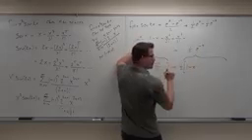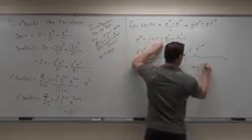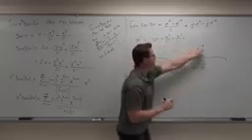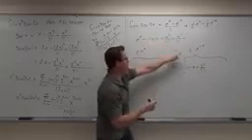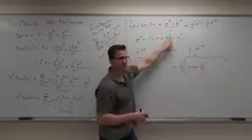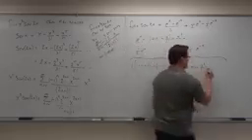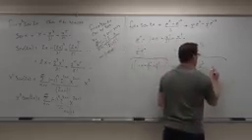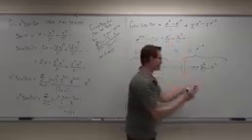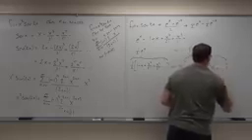I'm going to get plus x squared over 2 factorial. Do you see why I'm getting plus? Yeah. Because if I'm plugging in negative x, I go, okay, 1, 1. Negative x, cool. What's negative x squared? Positive x squared. Okay. What's my next one? Negative x cubed over 3 factorial. Negative x to the third is still negative x to the third. It's negative x to the third over 3 factorial plus blah, blah, blah.